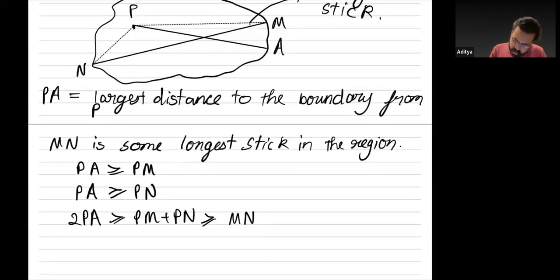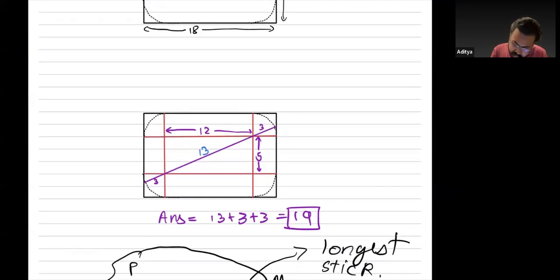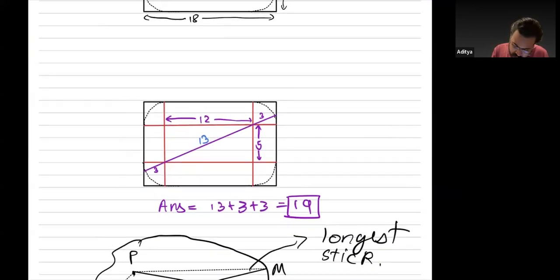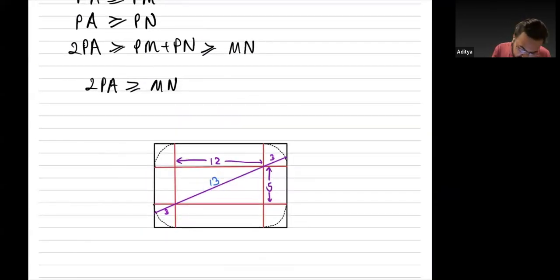Okay, now I complete the proof. We get that 2 times PA is greater than or equal to MN. Now coming back to our figure. In this figure, if I fix the centermost point of this rectangle as point P, I can see that this distance and this distance are equal.